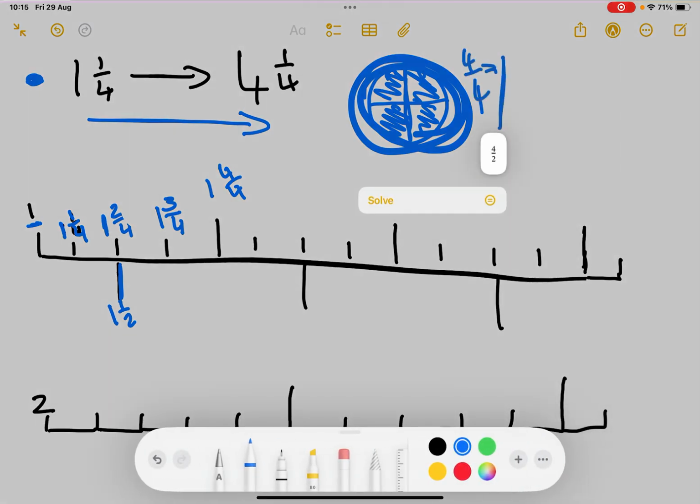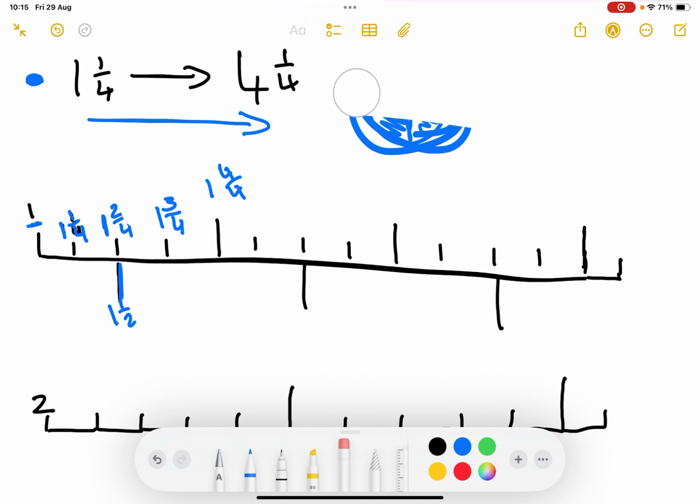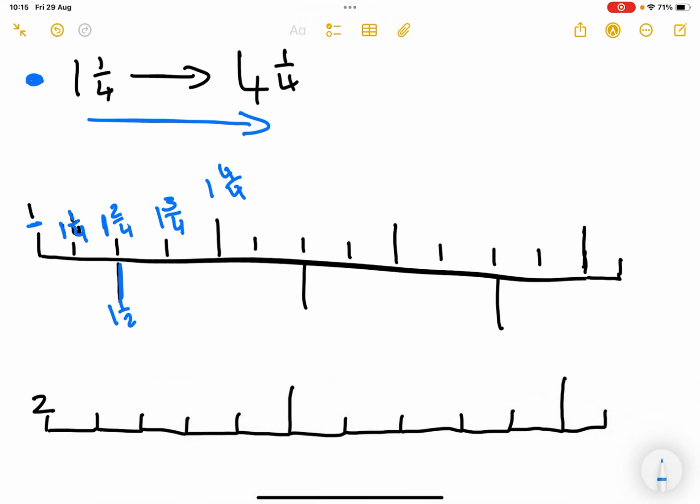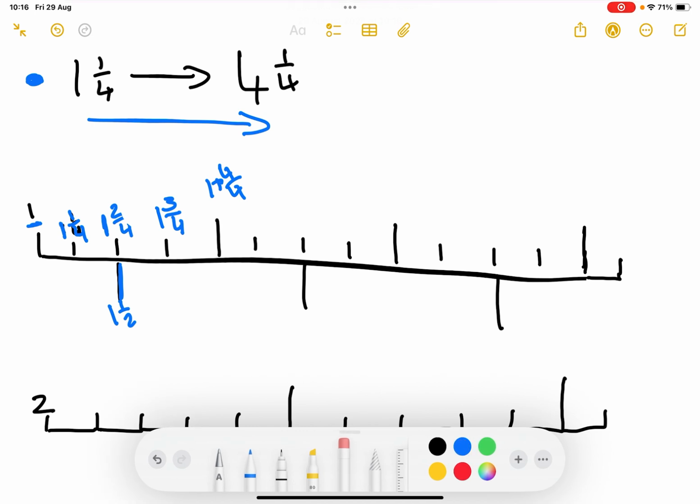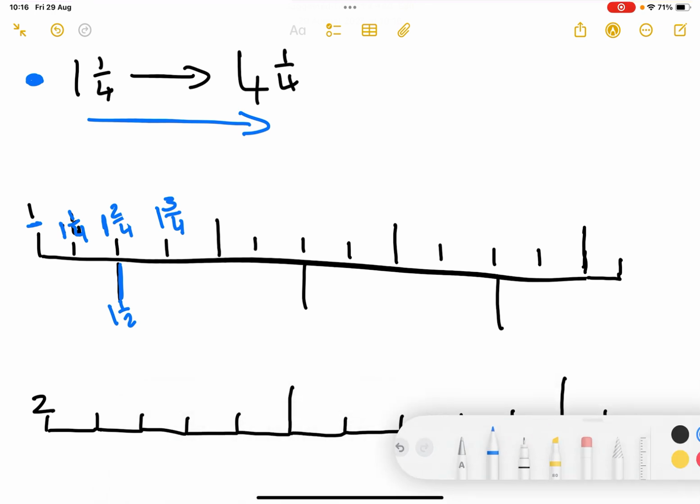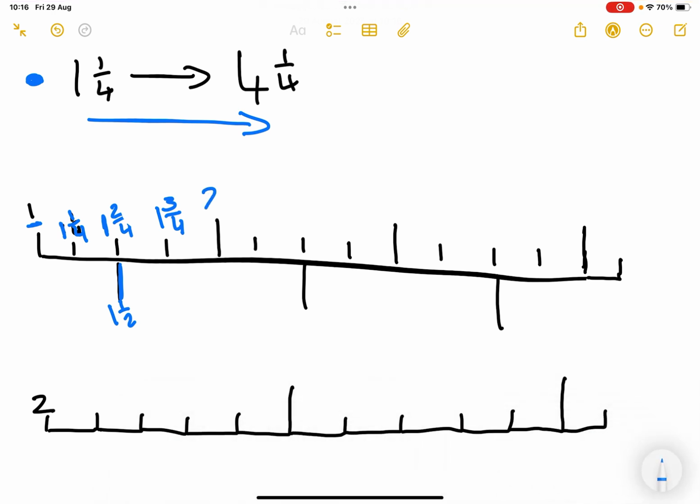So that is why any number over itself as a fraction is equal to a whole. So now instead of 1 and 4/4, I can make this a lot simpler, because that's basically like saying 1 whole plus 1 whole, but actually it's just 2.